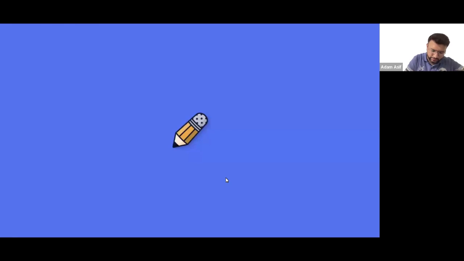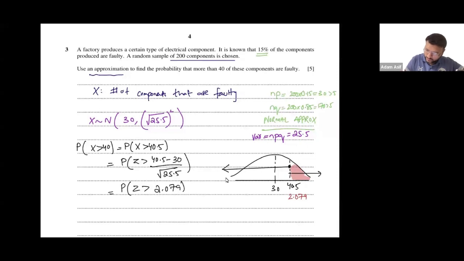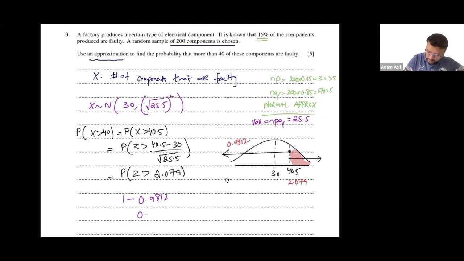That's the body area. Now the area that we want is 1 minus 0.9812, which is 0.0188. Okay, that's the correct probability.